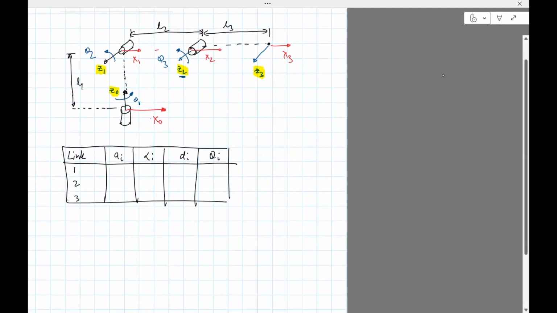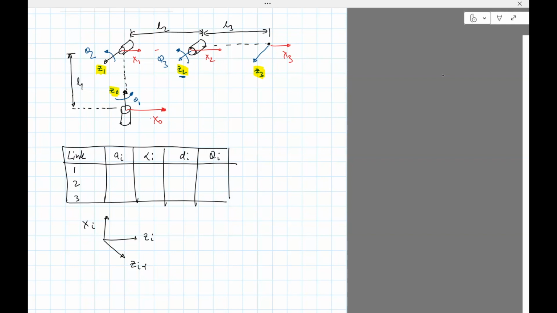Okay, so the other figure which has helped me is this one. Z_{i-1}, Z_i, X_i.